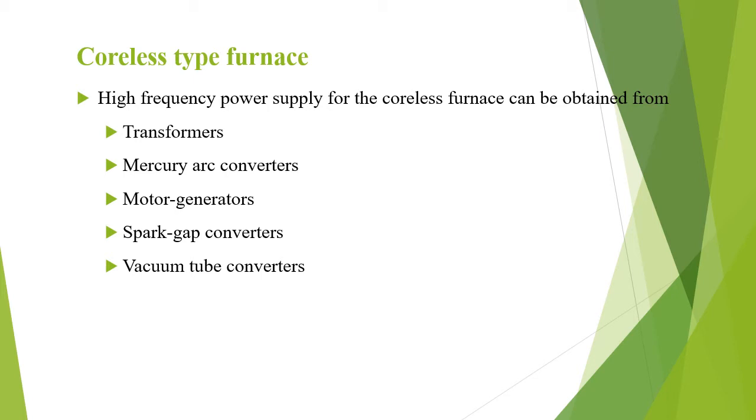Mercury arc converters give outputs up to 12 Hz, and a capacity of 2500 kilowatt is used. The motor generator set uses a salient pole alternator or an inductor alternator. Spark gap converters can generate frequencies up to 500 kilohertz, but the capacity is limited to 40 kilowatt. Vacuum tube converters go up to 200 megahertz. An individual tube can give an output of 25 kilowatt at 50 megahertz.